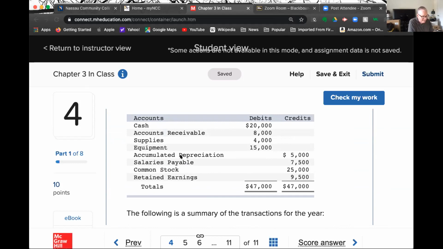For some reason, they didn't ask for a stockholders' equity statement, so we might have to do some calculations on the side, maybe. Then they want to record closing entries, post closing entries, prepare a post-closing trial balance. So that is the entire cycle. That is everything that we have learned going back to the beginning.